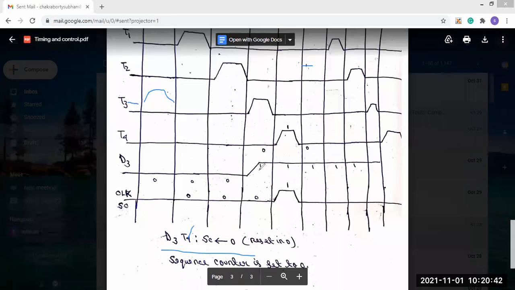And at that time the output signal is D3. So D3 T4: SC tends to 0. That means the sequence counter is reset to 0 after the T4 timing signal when the output signal is D3. So like this, the control timing signal is generated. Okay, clear?